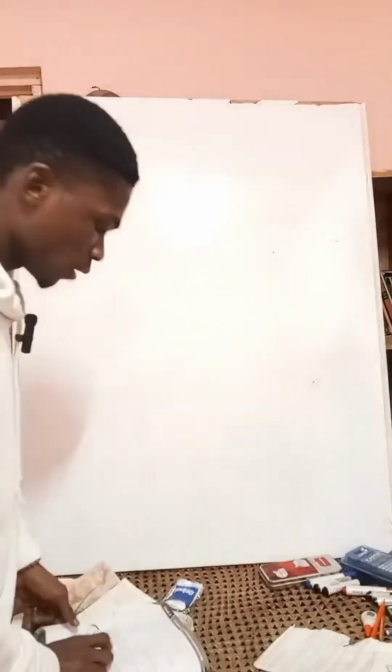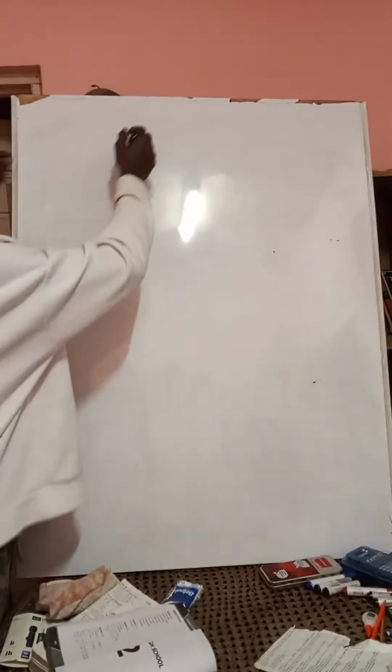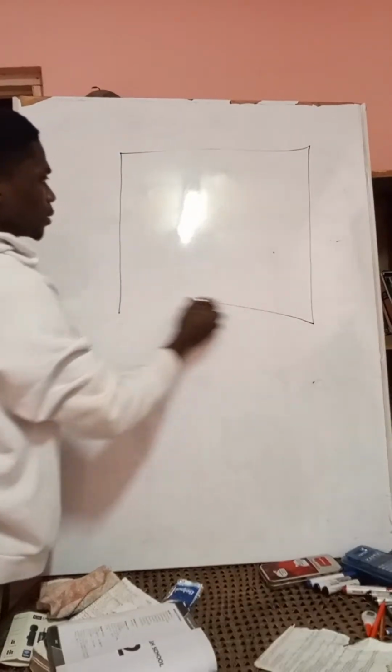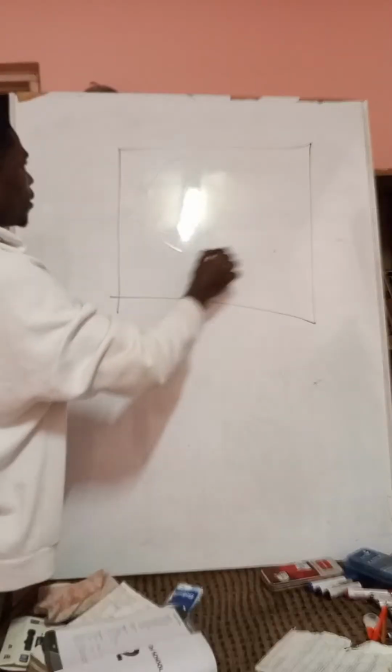Okay, so let's start. We solved some questions yesterday, so I want to summarize how to solve three set problems. A three set problem has 8 regions.